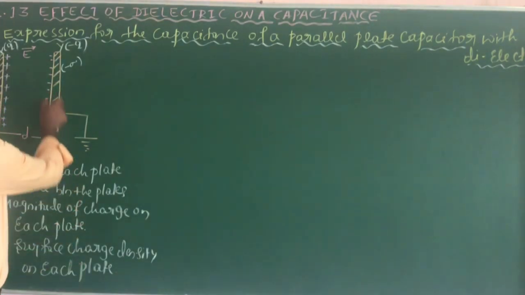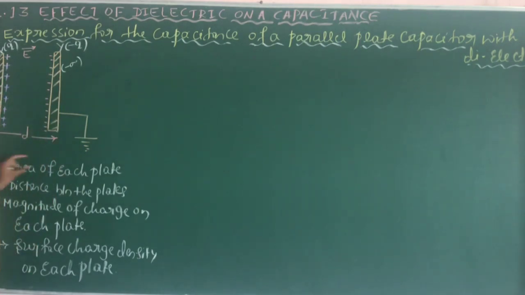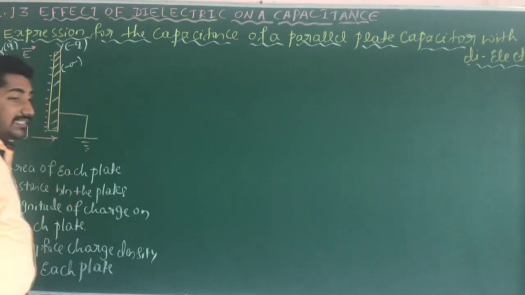Here we consider two parallel plates. A is the area of each plate, and d is the distance between the plates. Q is the magnitude of charge on each plate, and sigma is the surface charge density on each plate.